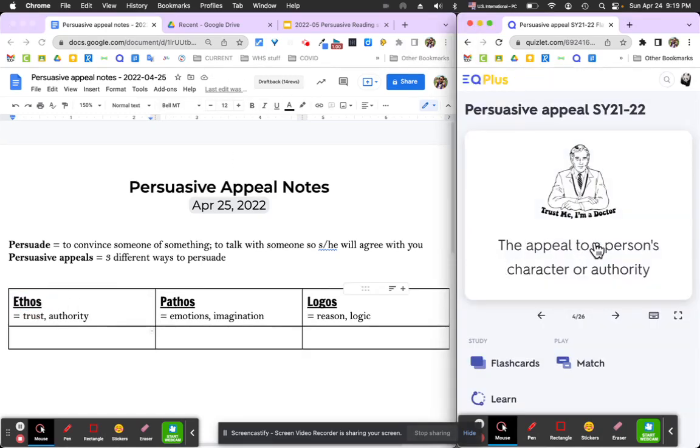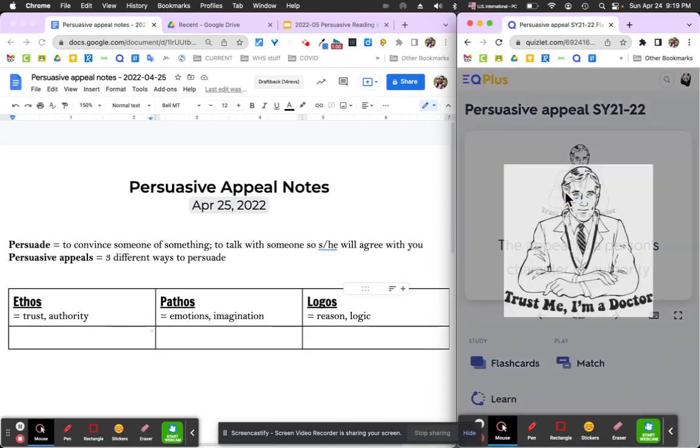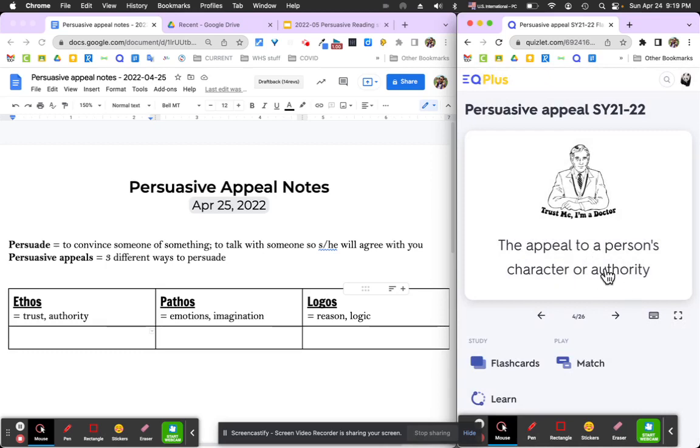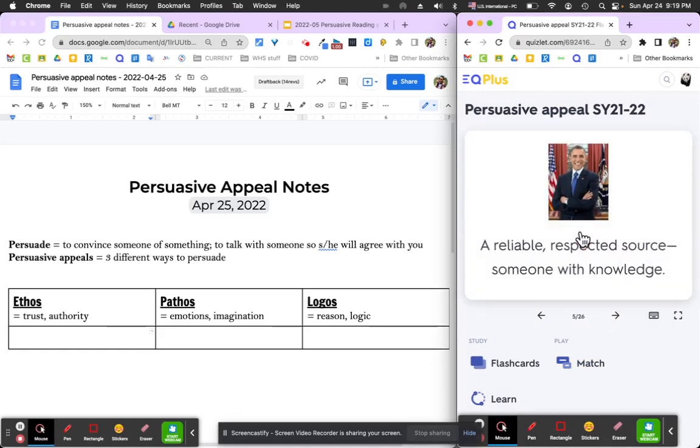So ethos, you can see here in this picture: trust me, I'm a doctor. You should trust him because he's a doctor. He knows about your health. That's the idea of ethos, a person's character or authority, right? One of those ways is thinking about someone who's reliable or respected. The example is Obama.